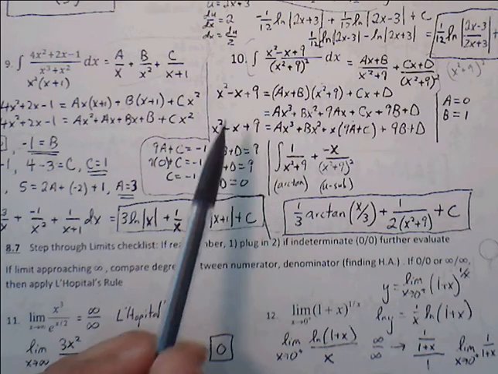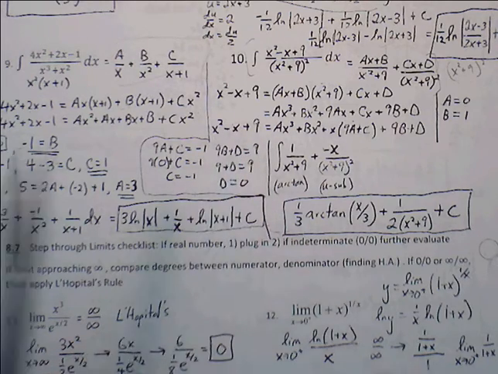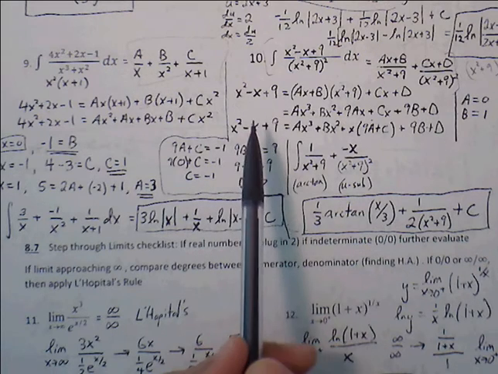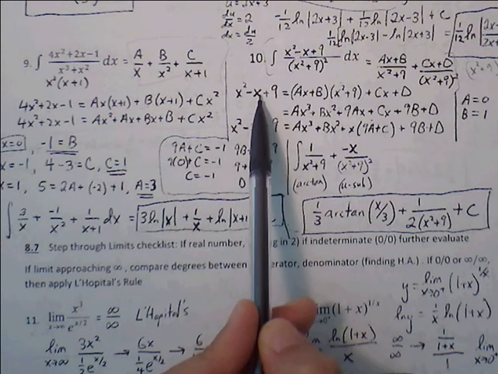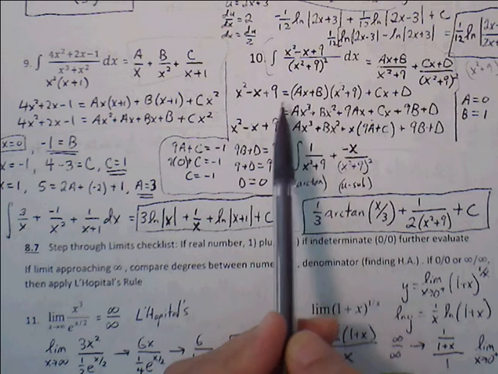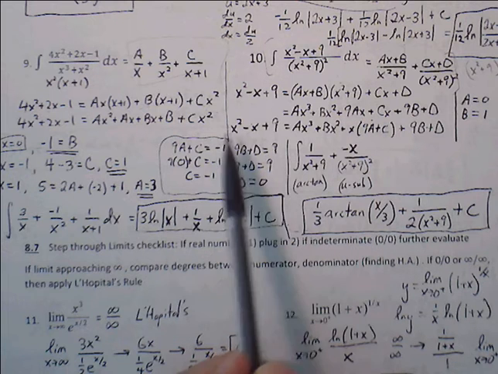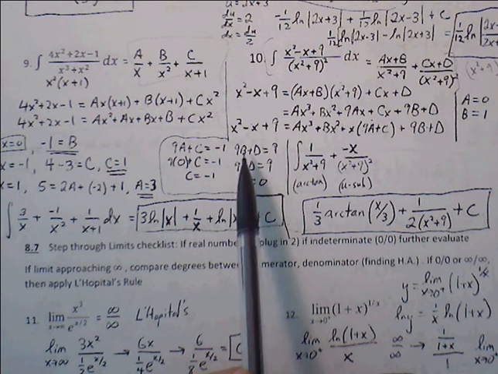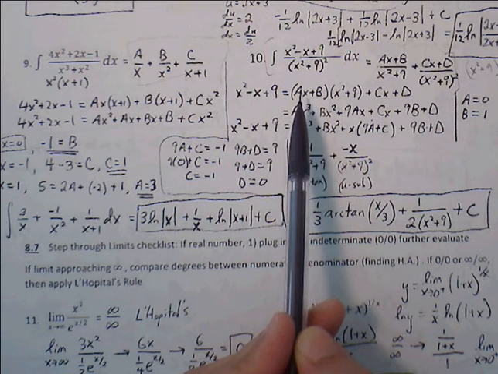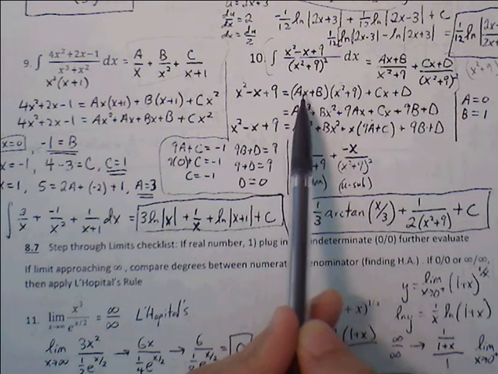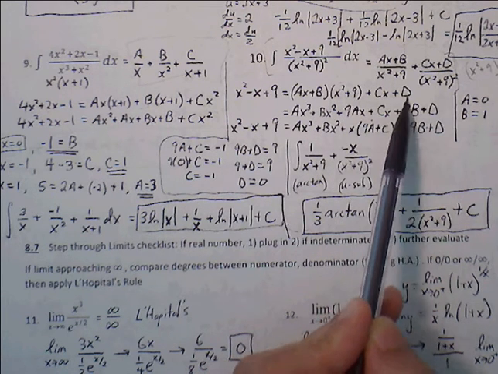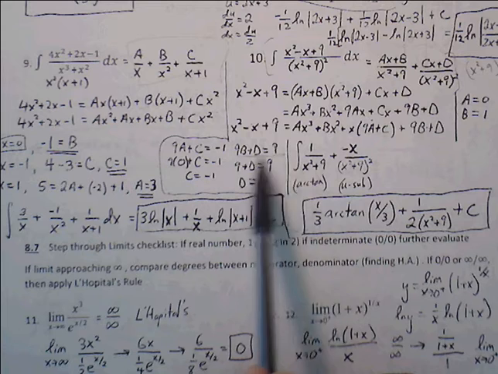Okay, so if I plug in 0 for all the x's, looks like everything will cancel out. So this will go away as 0, so I'm left with 9 times b plus d is equal to 9, so this will be one equation.